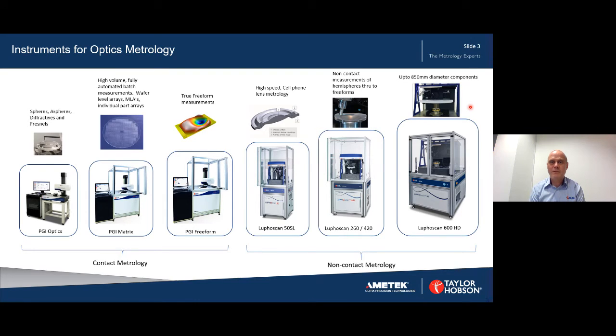So that's quite a big step forward. So this year we've gone small and we've gone large. Okay, so that's hopefully a good overview of our optics range, with the contact metrology, the PGI Freeform Talysurf, or the PGI Optics, and then we go up to the non-contact metrology with the Lufascan.